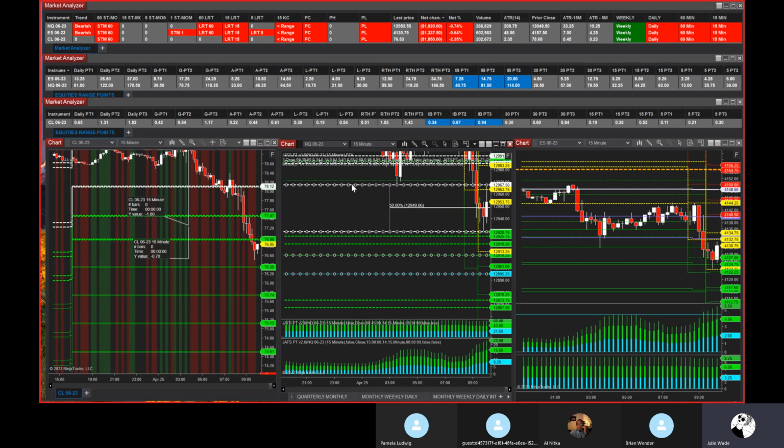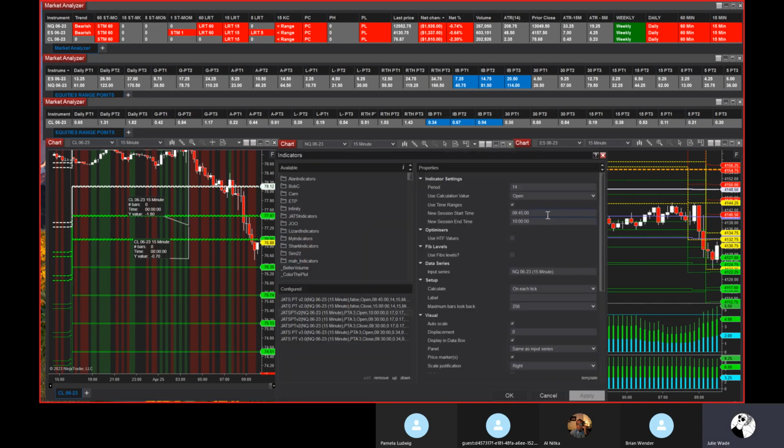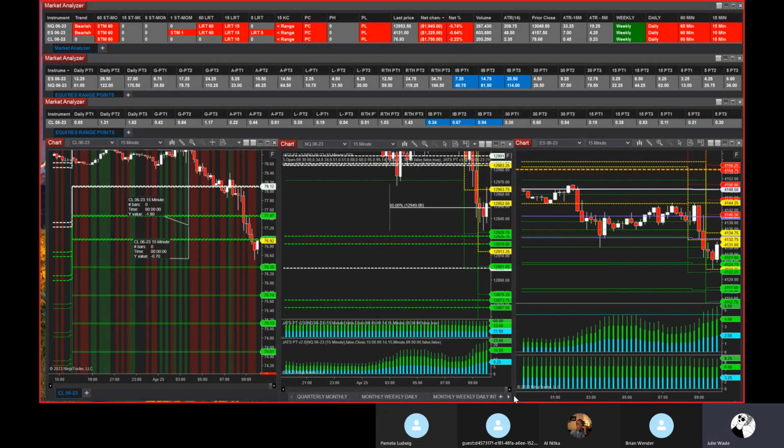And what I can do is just shift these to the next range. So we can change it from 10 a.m. to 10:15, or you can make it 11, if you wanted to go for the full hour. Make it 10 to 11 a.m. going to lunch, your last hour of trading.